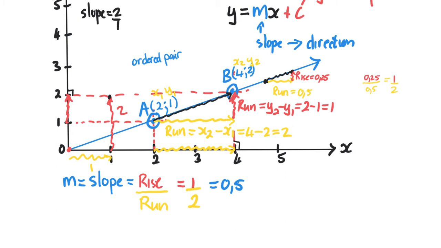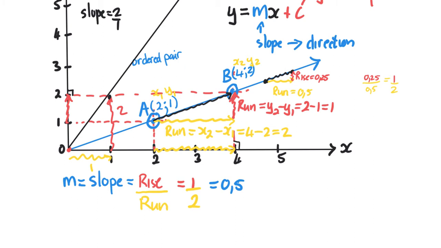Well, if we draw that line, then we'll see that it's much steeper than the line with a slope of a half. So later on in your studies in mathematics, you'll learn that from this slope you can actually get the angle between the x-axis and the line, but you will need to learn a little bit more trigonometry.